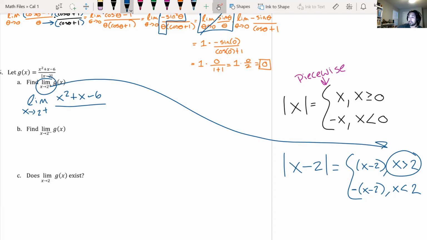So since this limit matches up with this restriction, this means we get to use the output of x minus 2. And now that's what I'm going to put in my denominator. So the limit matches to the piecewise, which tells us which output we can use. So now my denominator is going to be just x minus 2. Everybody good on that? I can run it back if you need to.